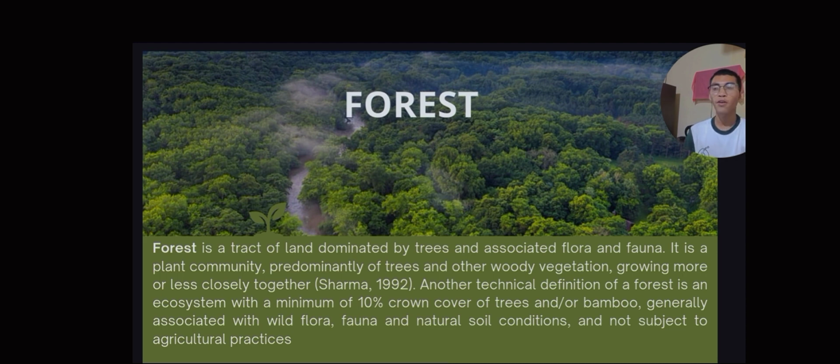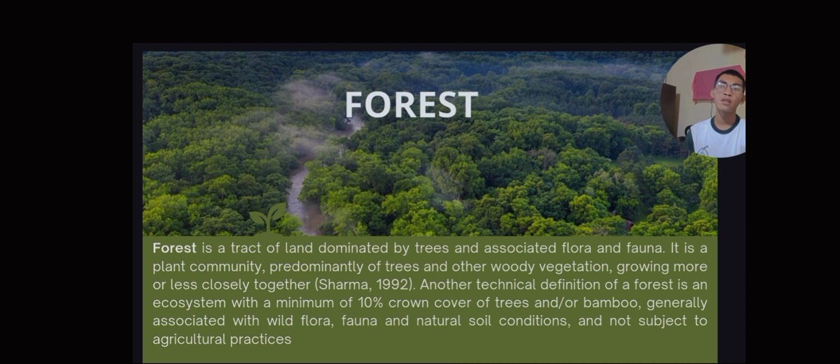So, what is flora and fauna? Flora are, for example, the flowers that you can see inside the forest, different species of trees and plants. While fauna are the animals like birds, insects, different types of animals that you can see inside the forest.